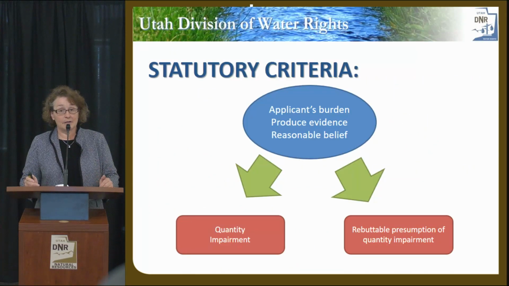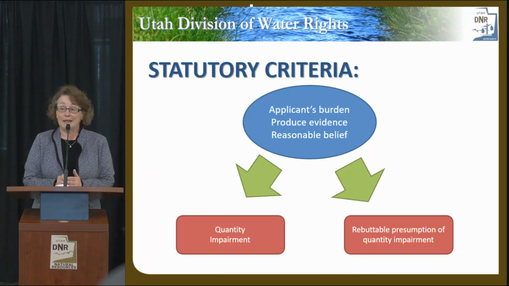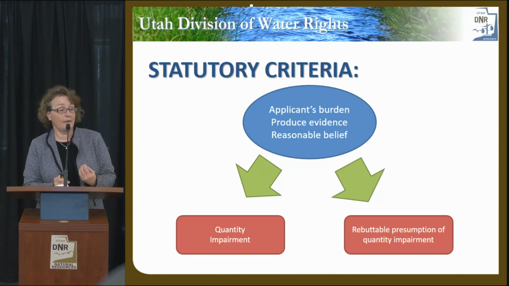So this is just a slide to kind of get you thinking about part of the statutory criteria. If quantity impairment is raised, or a rebuttable presumption of quantity impairment is raised, it is the applicant's burden to prove that there is evidence that that has not occurred or that they can overcome that rebuttable presumption.